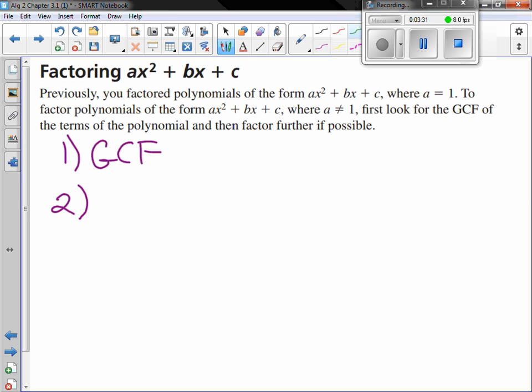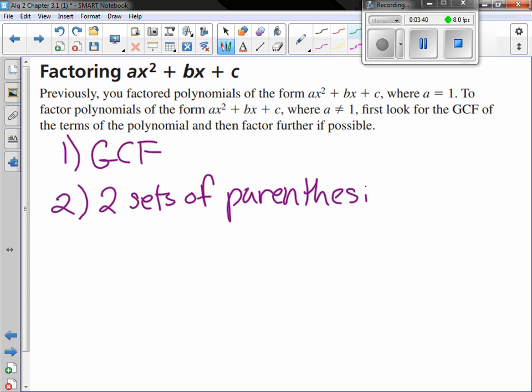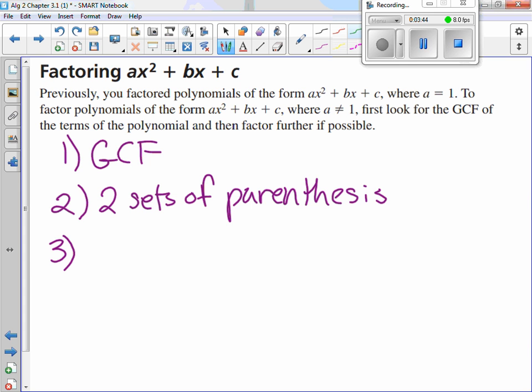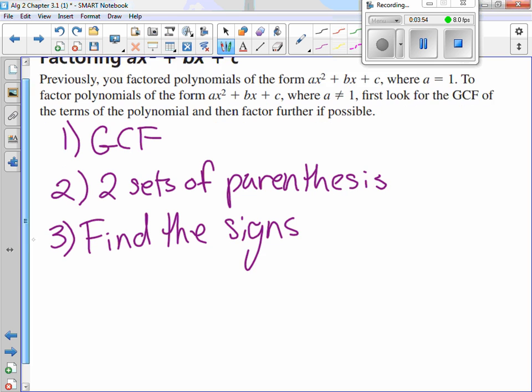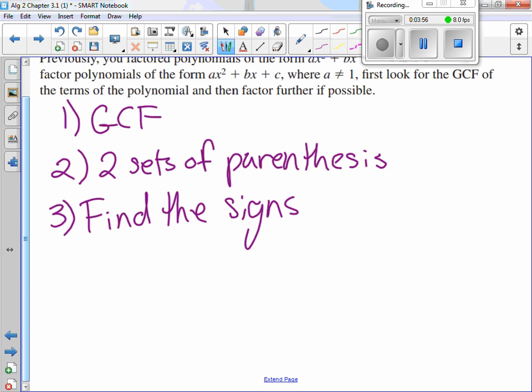Our second step is to do 2 sets of parentheses. Our step number 3 is to find the signs.